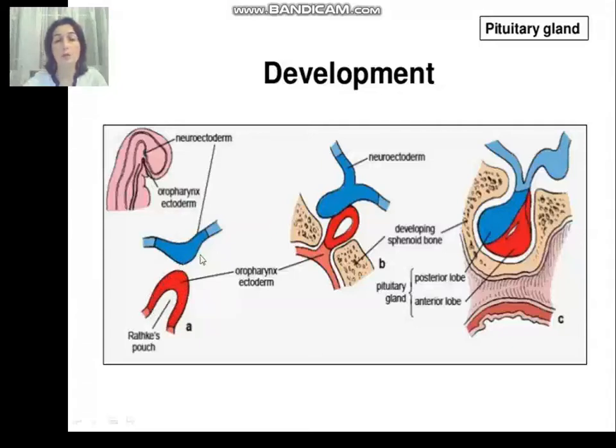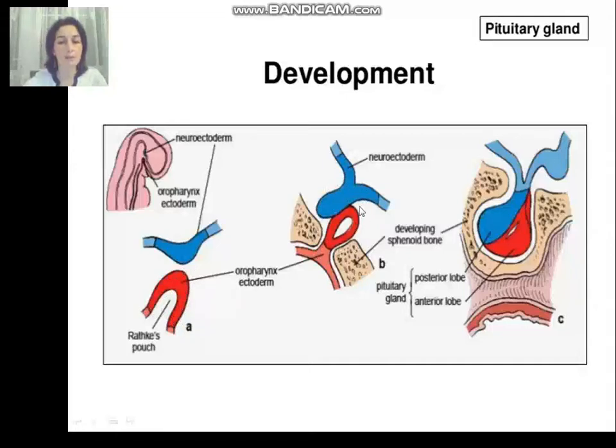It grows upward, and the floor of the diencephalon will also form an outpocketing, a diverticulum that will grow downward. Rathke's pouch and the downgrowth of the diencephalon will meet each other.